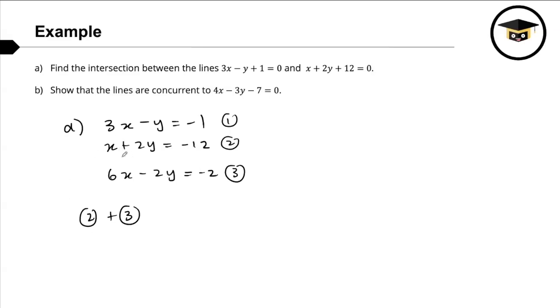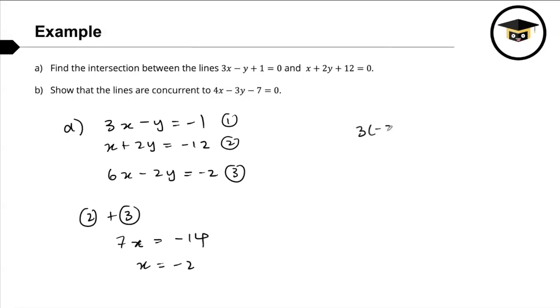If I'm adding equation 2 and 3, x plus 6x is 7x, and 2y plus negative 2y, well, they cancel out. That's the whole point of this. And that's equal to negative 12 plus negative 2, which is negative 14, which means x is equal to negative 2. If we sub that into any one of these, I'm going to sub it into the first one.